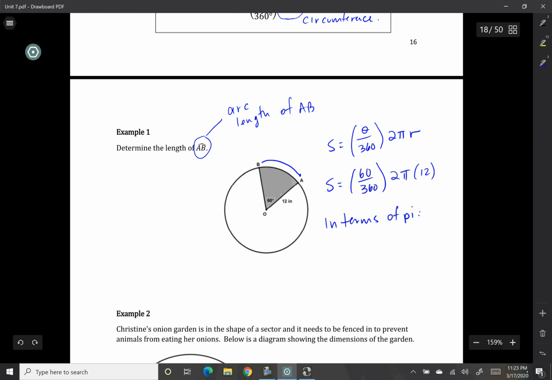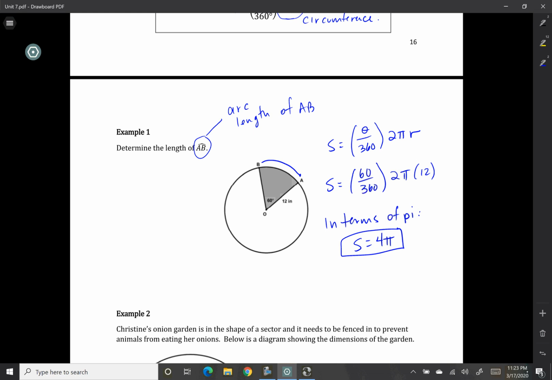So in your calculator, you're going to put the fraction 60 divided by 360 times 2 times 12. Notice, again, I'm not plugging in pi here. And we're going to get 4 pi. That would be our answer if the question said in terms of pi.